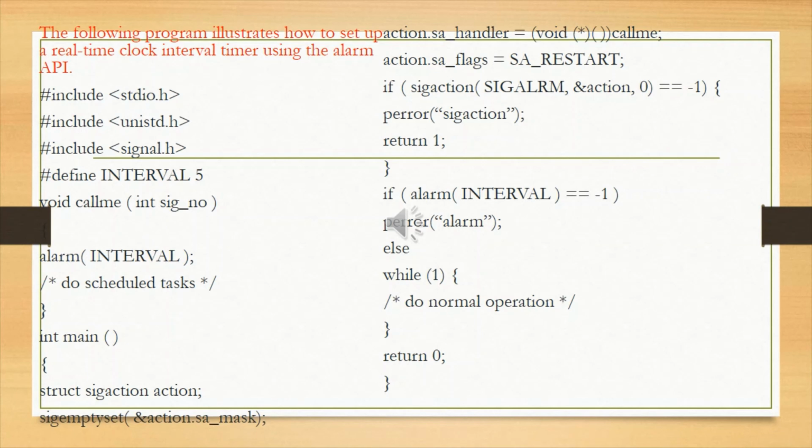The it_interval value may be set to 0 if the timer is to run only once, and if it_value is set to 0, it stops the named timer if it is running.